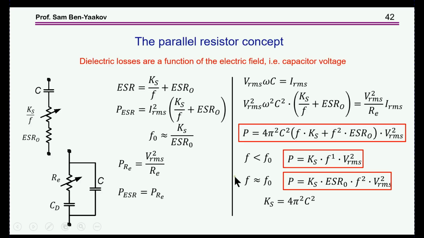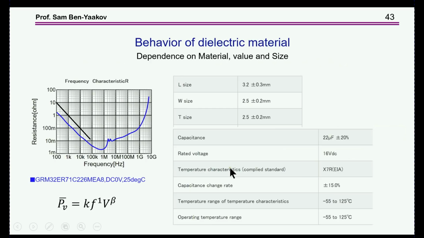You can describe it by doing some manipulation, but theoretically speaking, this is the real effect. Beyond the resonant, of course, we go back to the constant value. So in many, many capacitors, you see this relationship that I've described here, okay?